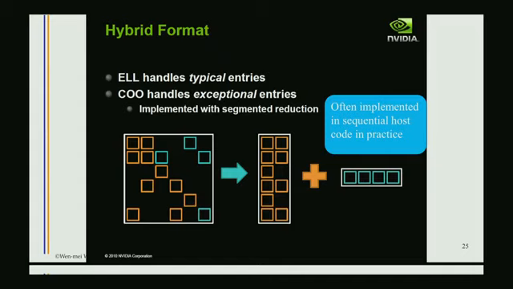I've got all these orange boxes here that are non-zero. Let's represent most of them with the ELL format. We create a regularized structure that is mostly dense with some padding. And then for these oddball outliers, the blue ones, let's store those in COO format.